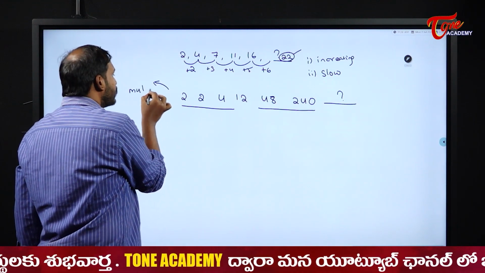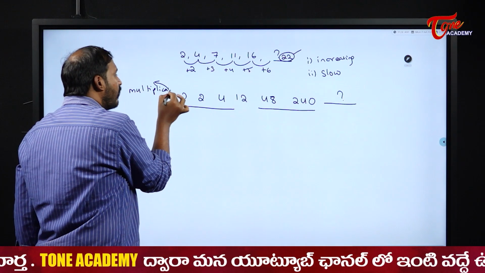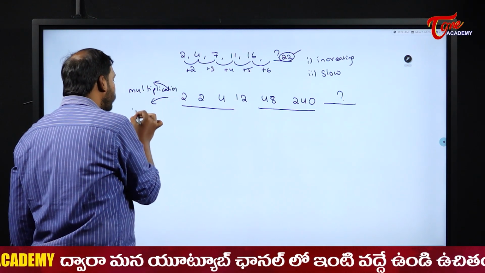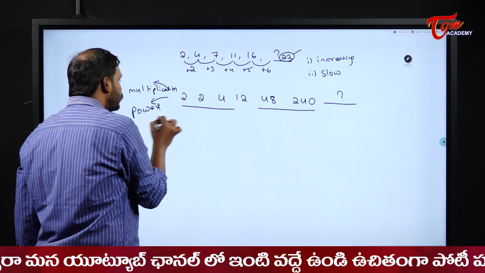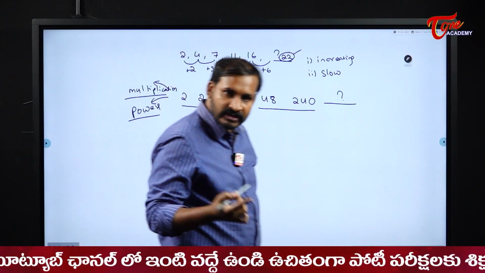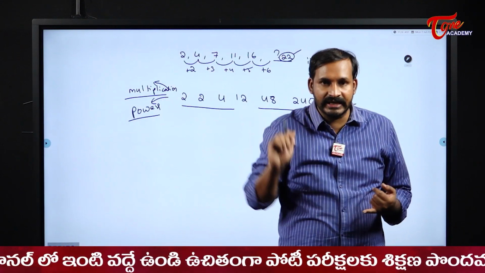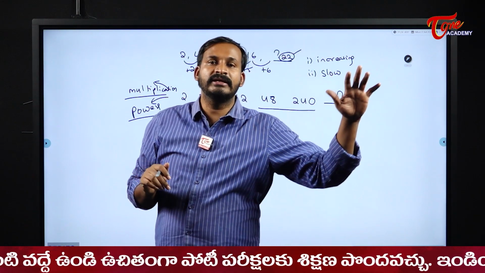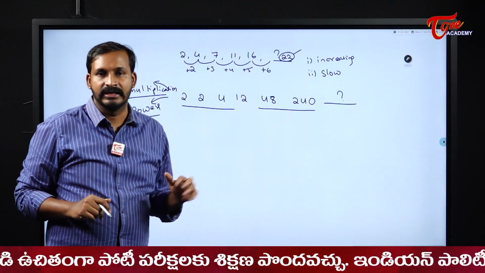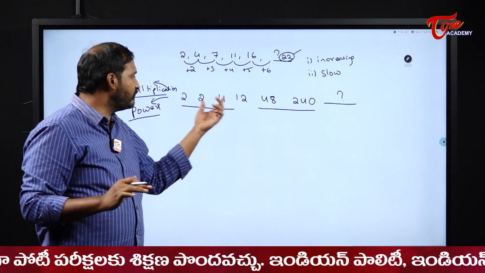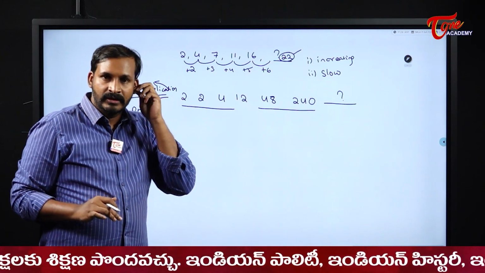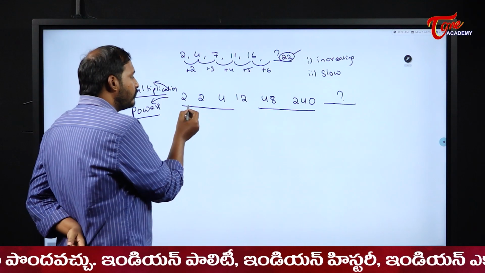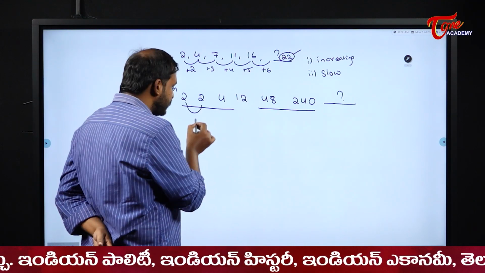So whenever there is a sudden increase, what are the chances? We will have multiplication, something is multiplied, or if we move in terms of powers, that means 2 squares, 2 cubes, the series will jump suddenly, or else if we multiply something, the series will increase suddenly. So now here don't waste your time writing the differences. Okay, directly think how 2 can become 2, usually in case of multiplication, into 1.